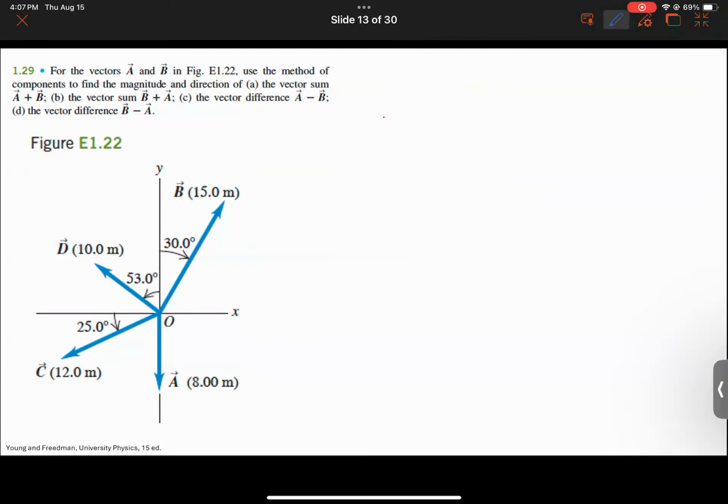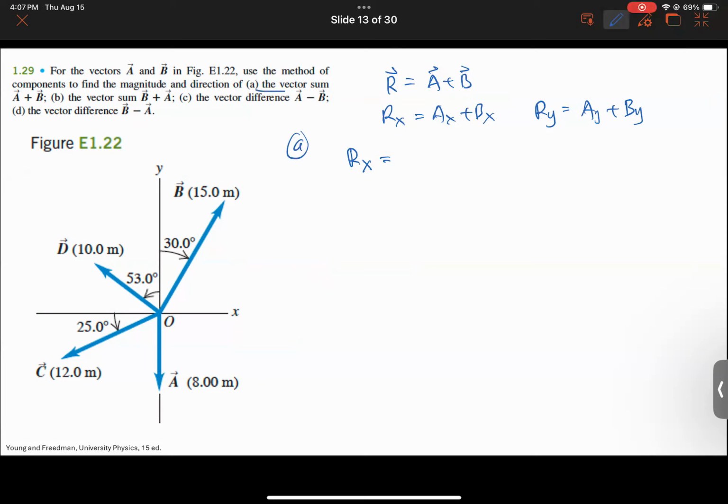So alam natin na ang resultant vector A plus B, yung muna natin gawin. Ang components niyan is AX plus BX, and yung components niyan along the y-axis is AY plus BY. Okay, so kunin muna natin yung component along the x-axis.